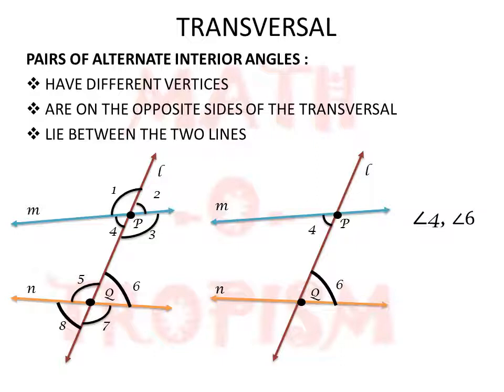Similarly, to the right of the transversal and below the line M we have the angle 3. So alternate to that, on the left side of the transversal and above the line N, is the angle 5. So 4 and 6, and 3 and 5, are the pairs of alternate interior angles.